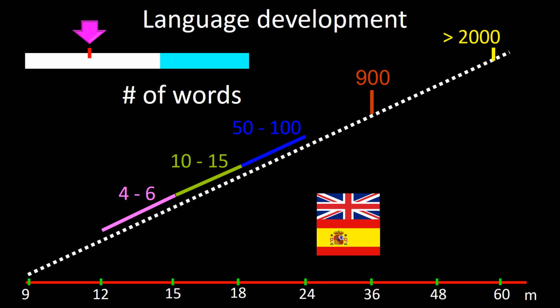Children growing up in the United States exposed to English and Spanish will start speaking English by about 16 months of age. That is later than children raised in a monolingual English-speaking environment, and they may mix languages at this age.